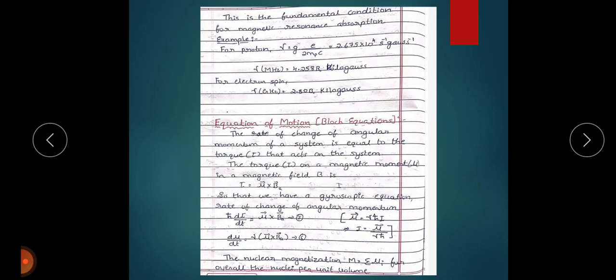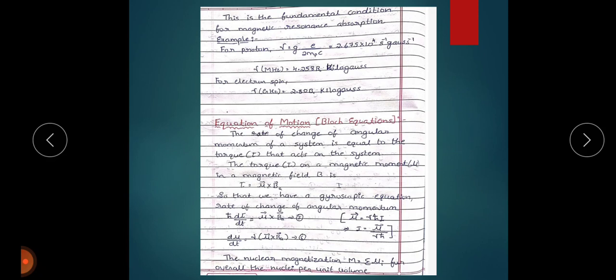Then next, in the case of the equation of motion, the rate of change of angular momentum of the system is equal to the torque that acts on the system.